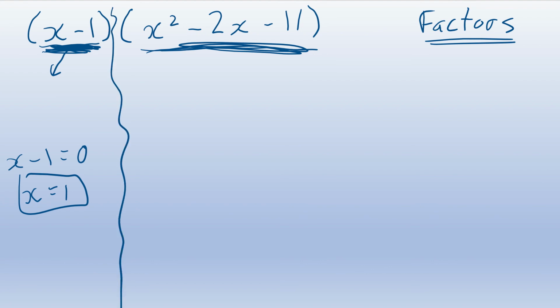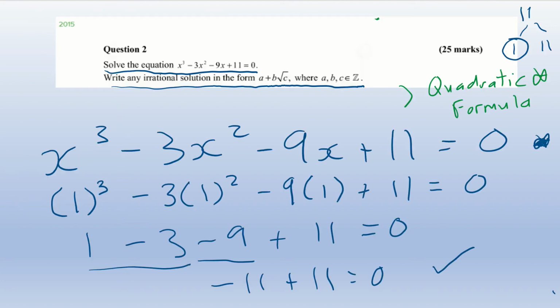However, this side here on the right hand side, I need to break this down so that I can find my two other roots. So if you remember back to what we were talking about at the start, the fact that they've told us that our answer is going to look like a plus b root c, I know that I'm going to have to use my quadratic formula at some point.